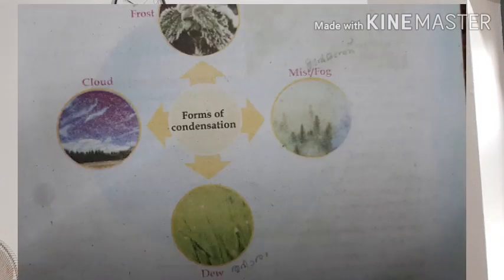First is frost. Second is mist or fog. Then third, dew and cloud. These are the different forms of condensation.